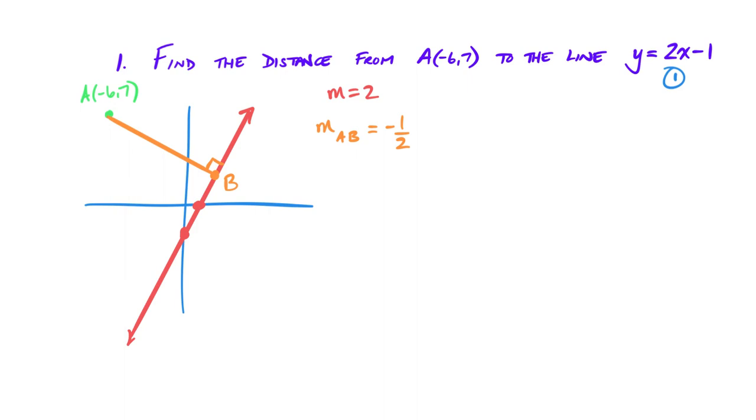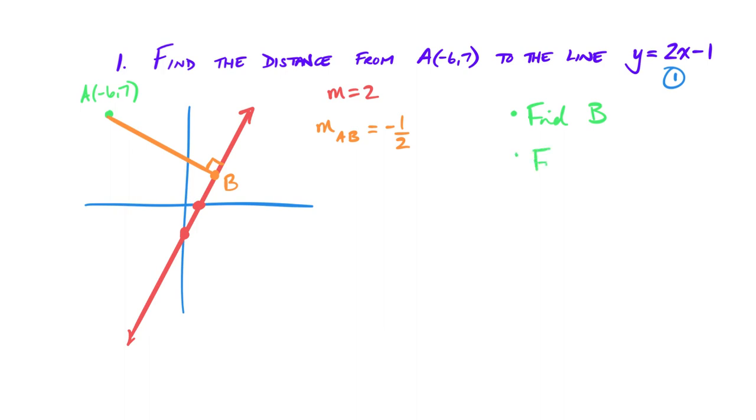Okay, here we go. For me to answer the question to find the distance, I need to know both endpoints. I know point A, I need to know point B. So I need to find B. Well, how can I find B? B is at the point of intersection between AB and the red line.